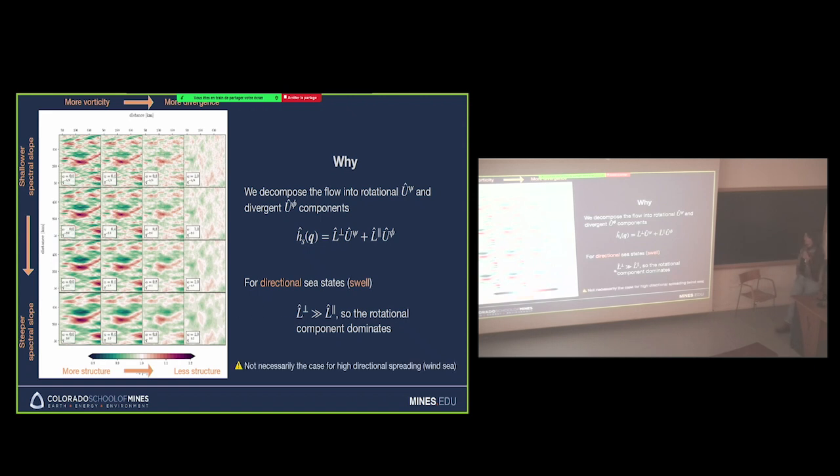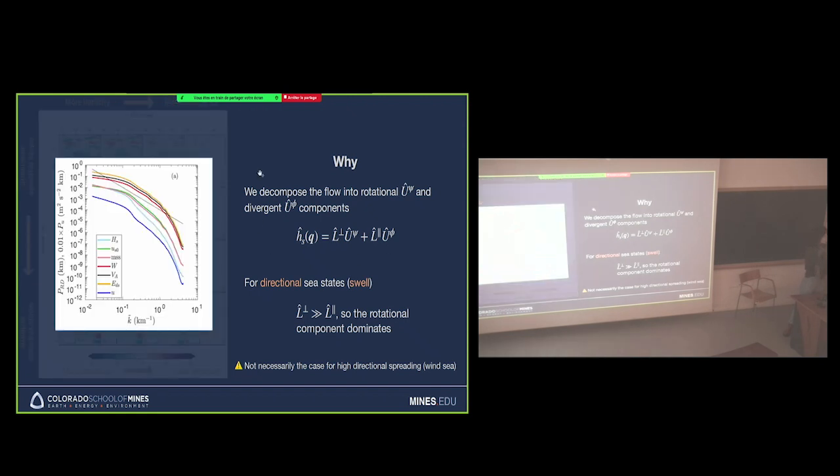This is not necessarily the case if you have a broad directional spreading, and I'll talk more about this in just a second. And if you remember the figure from the Romero paper, in the ocean we have mostly balanced motions.